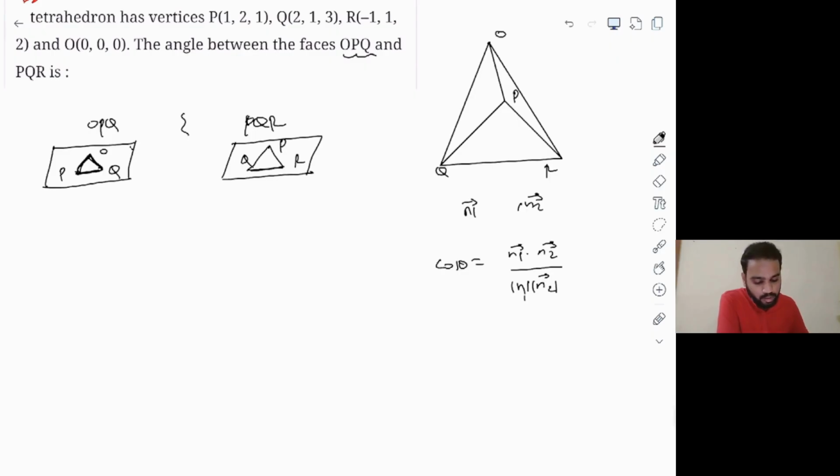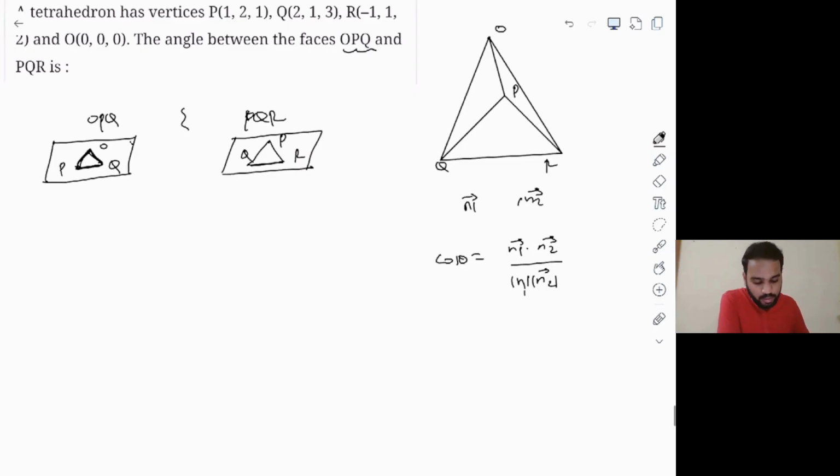But the point here is you have the plane which is containing the 3 points OPQ, but how do you find out the normal vector? Again, simply the concept of cross product, right? Because I can form the vectors OP and OQ here. And if I do the cross product of these two, you will get the normal n1 bar, right? Because whenever you do the cross product of two vectors, what is the vector that you're going to get?